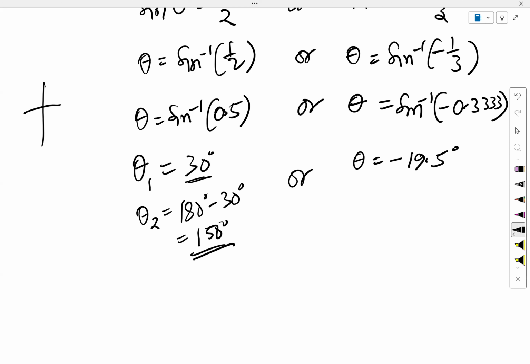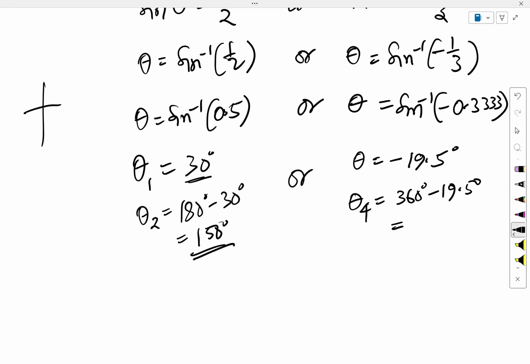And since sine is not negative in the first quadrant, minus 19.5 degrees simply tells you that you're just going to have this angle in the fourth quadrant. So in the fourth quadrant, that is just going to be 360 degrees minus 19.5 degrees.